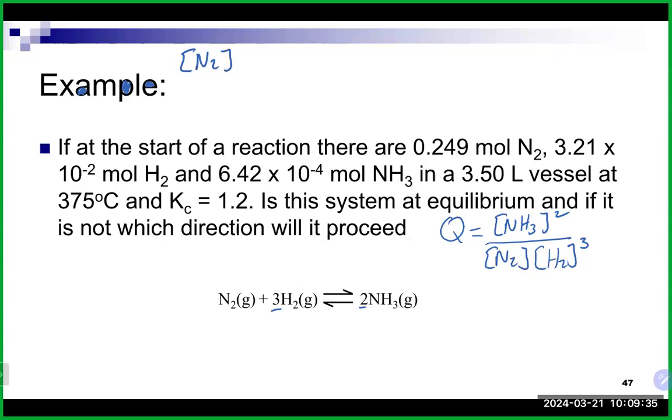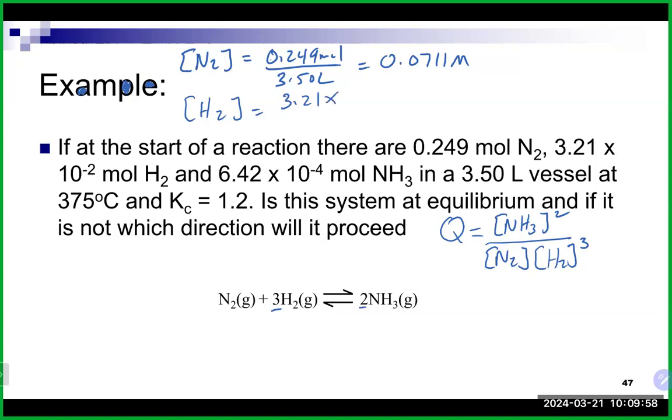So for our N2, that would be 0.249 moles over 3.5 liters. And that's going to get us 0.0711 molar. For our H2, we'll take the moles, which was 3.21 times 10 to the minus 2, and divide it by our volume here. And that's going to get us 0.00917.